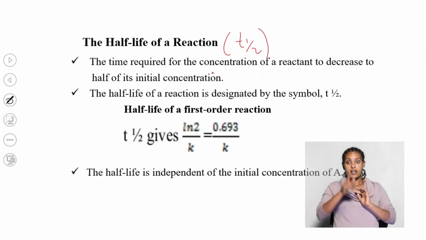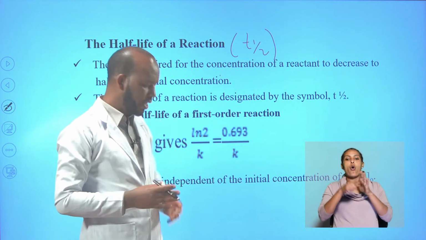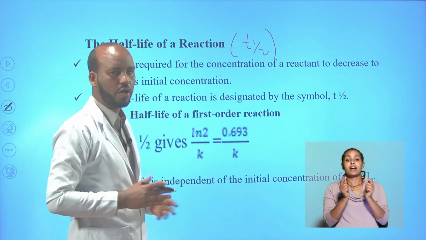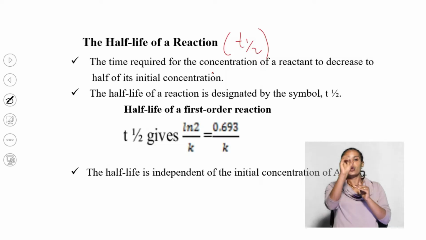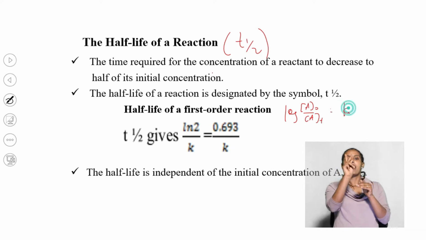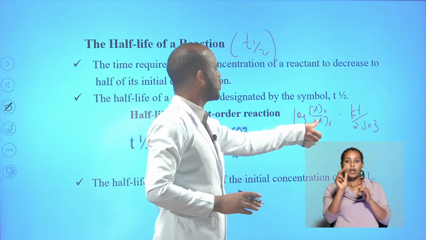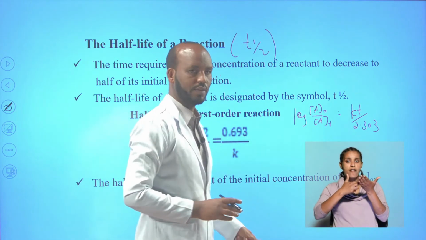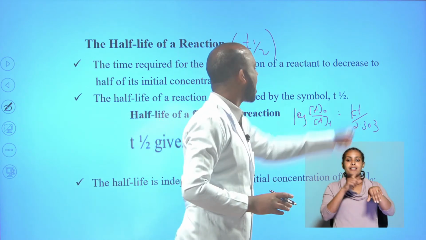Half-life of a first order reaction. The integrated rate equation for the first order reaction is: log of the initial concentration A naught divided by the concentration of A at any time t equals Kt divided by 2.303. When the concentration of A is half its initial concentration, the time is t half.